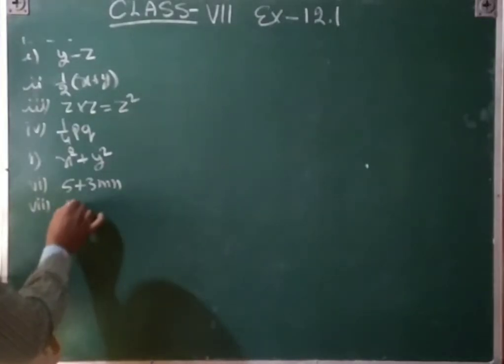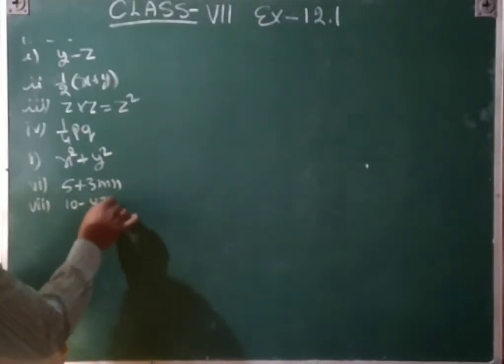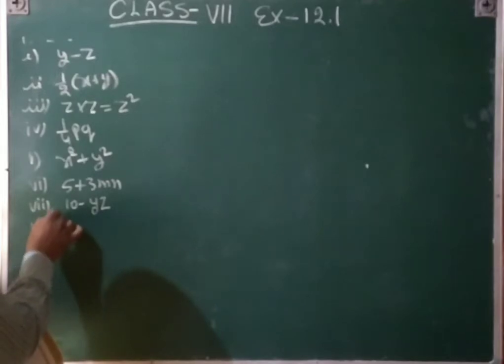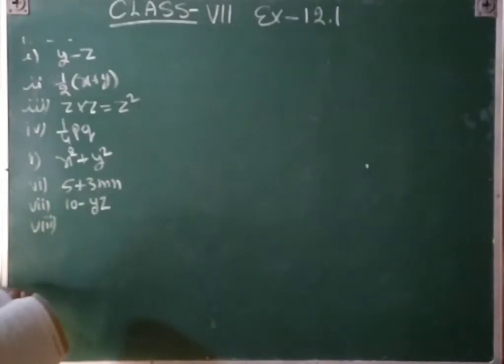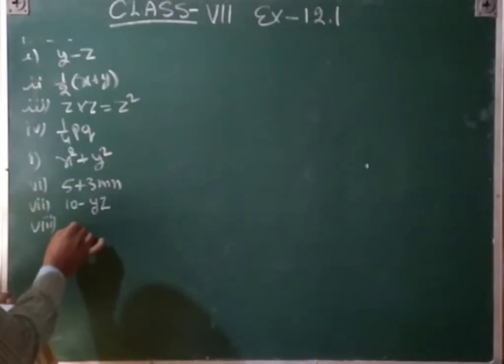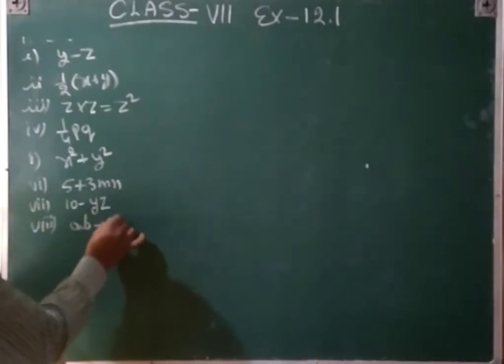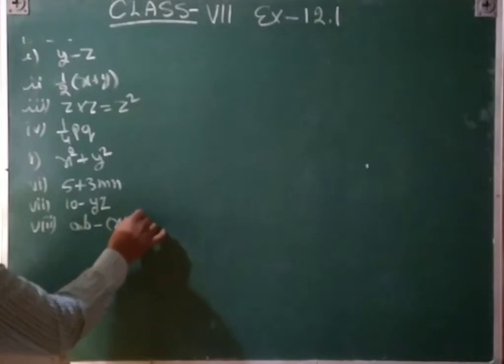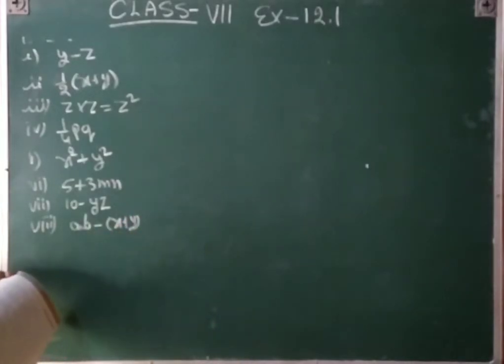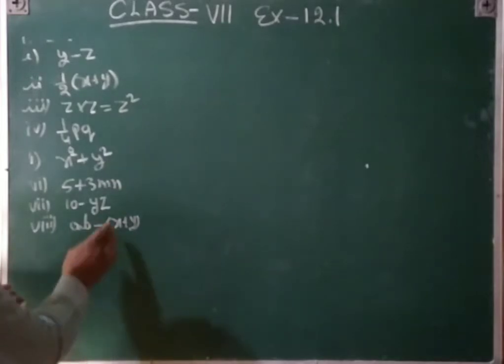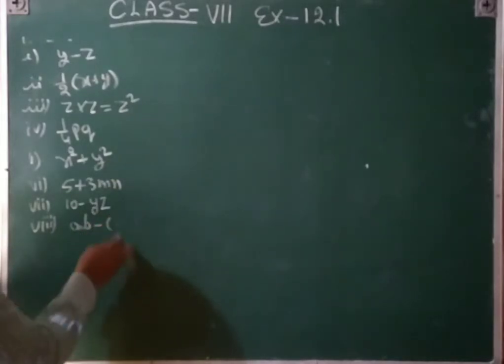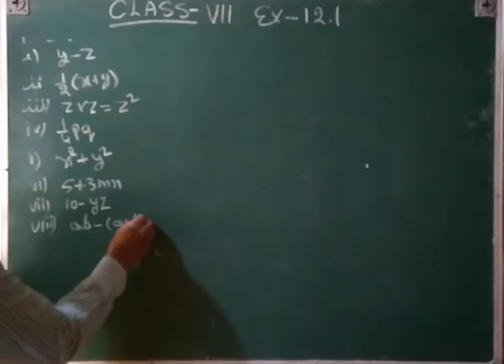So 10 minus yz. Eighth part: sum of numbers a and b subtracted from their product. Wait, a b subtracted from, sorry, a plus b is also there, a plus b.